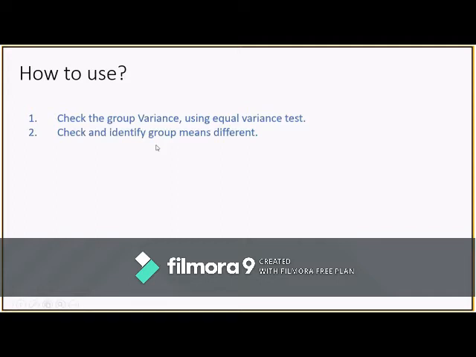The first step is always to check the group variance, which is nothing but the variance testing: whether the variance of vendor A, vendor B, vendor C, or shift A, shift B, shift C, or maybe the age, or let's say the salaries of group A, group B, group C, are equal or not. That's the first step. Then if the variances are equal, we go on to identify the mean difference, which is actually the ANOVA.